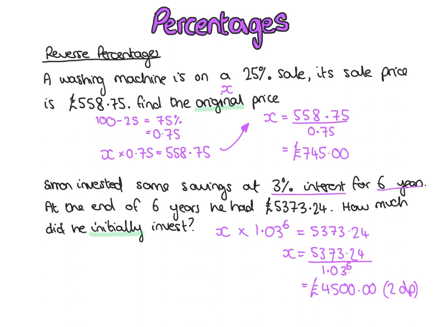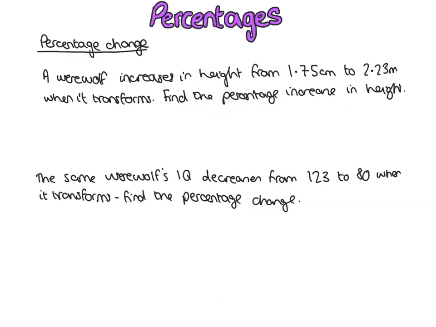Okay, and we're going to look at one more example actually. I've just thought of an additional one to look at. Percentage change questions. This is where you know a starting value, you know a value that it ends at, and you have to describe it as a percentage increase or decrease. Here we have a starting value, but you've always got to identify what your original value is.